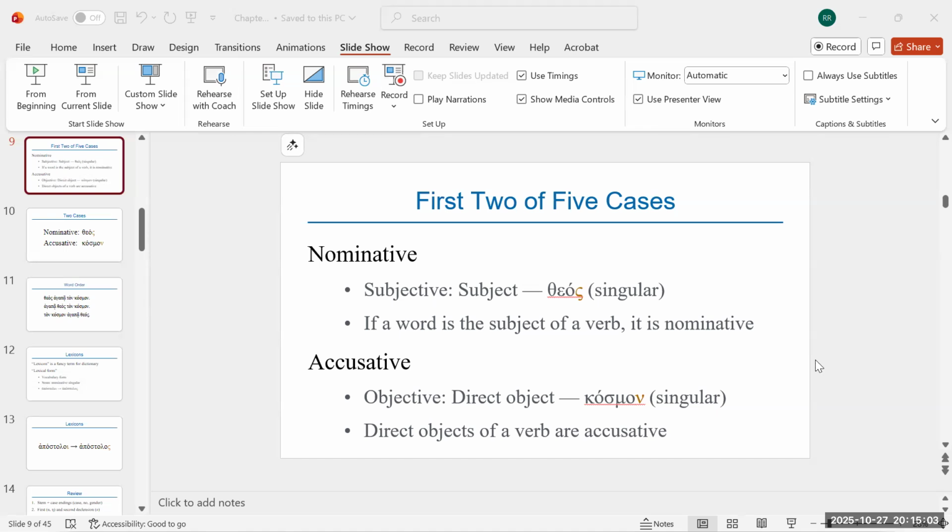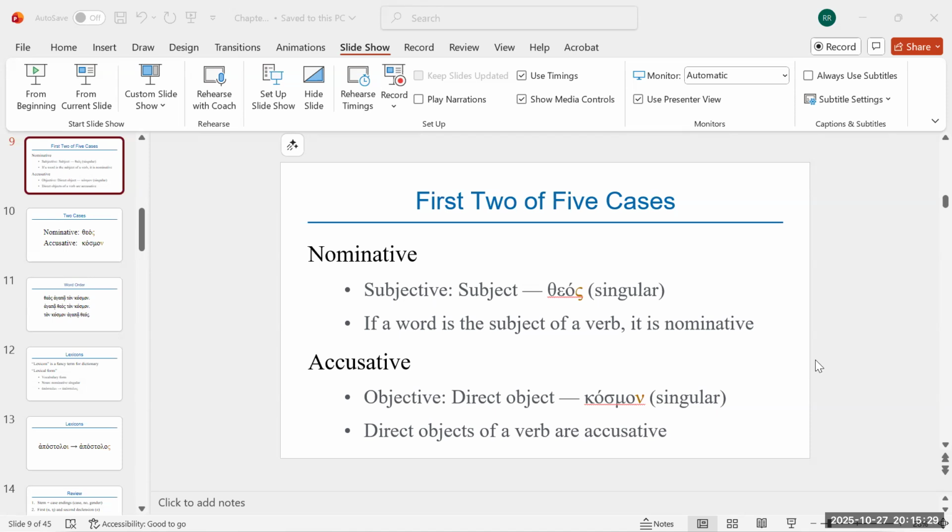The accusative is the direct object. So cosmon would be world. So it would be masculine, singular, accusative. And the ending is what gives it away. So the stem of theos is theta, epsilon, omicron.